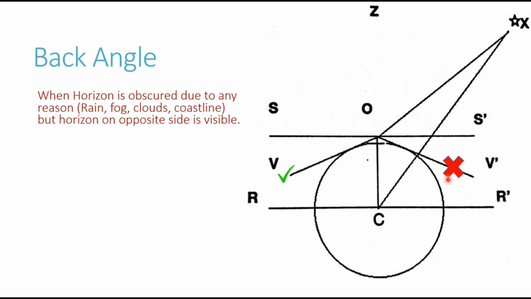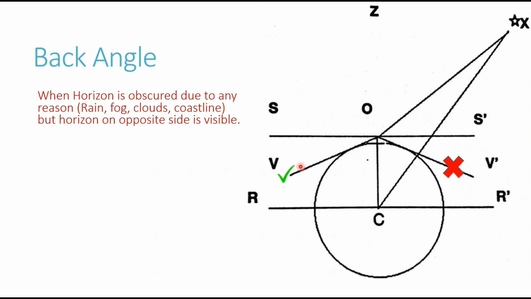But the horizon on the other side, which is OV, diametrically opposite to the direction in which the body is, exactly reciprocal opposite, is visible to us. So if you have coastline on one side and the other side is clear, you will be able to see the horizon on the other side.